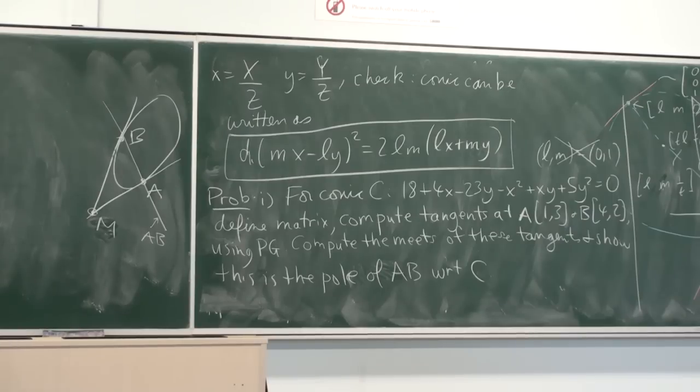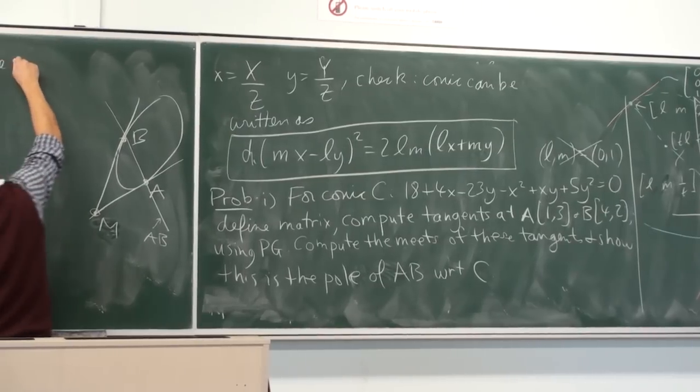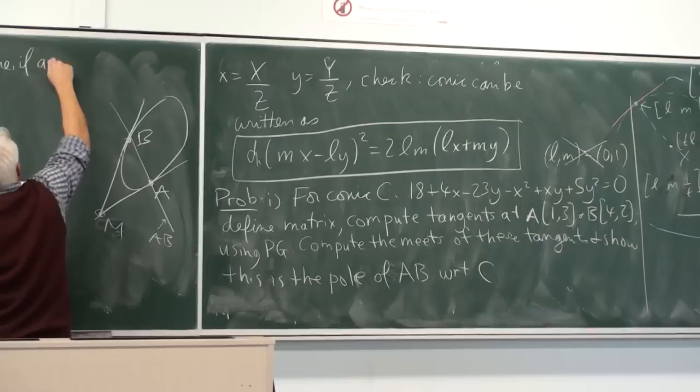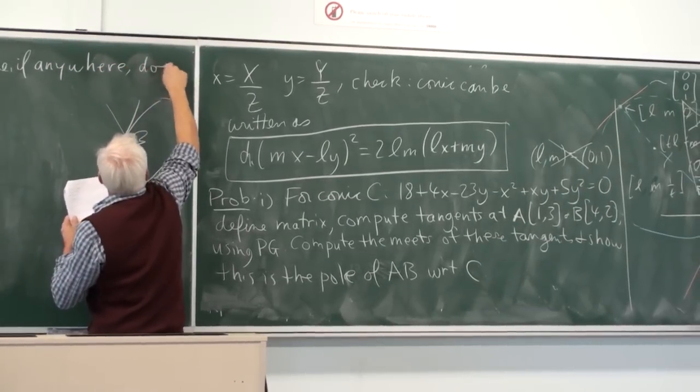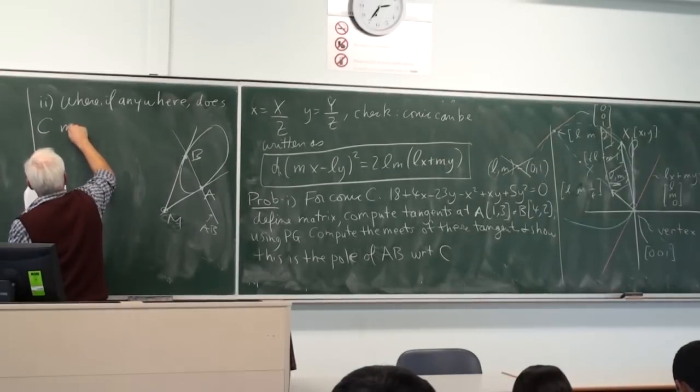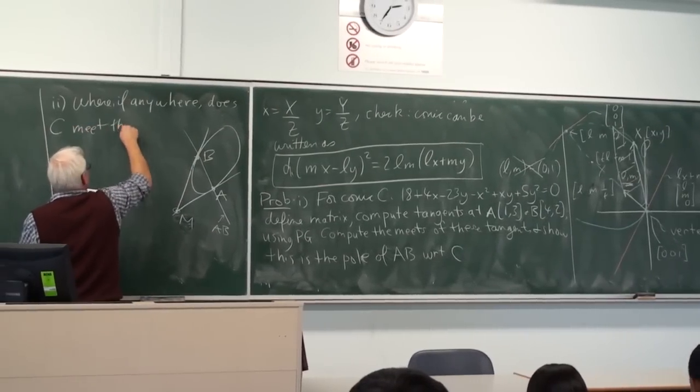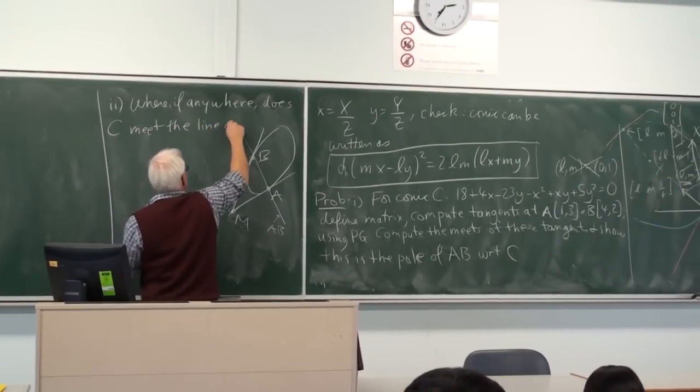And here's the second part of this problem. Where, if anywhere, does the conic C meet the line at infinity?